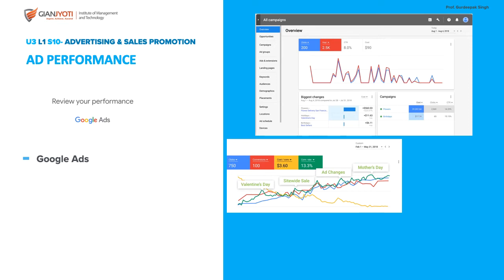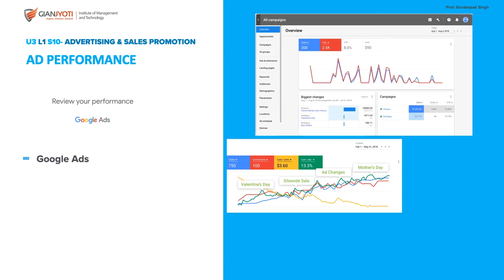So you can pick your KPIs, for example, the number of clicks, the conversions, the cost per conversion, and the conversion rate. And also you pick the time or the months that you want to look at the performance, and what sort of ads you had and what sort of occasion that was.